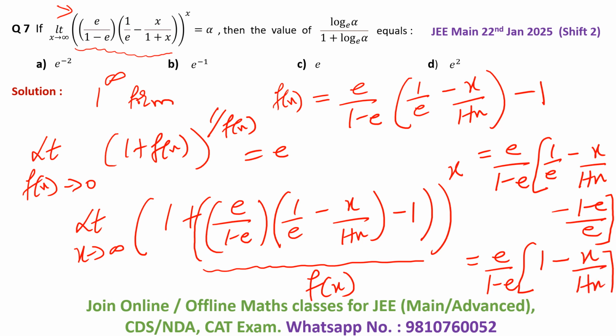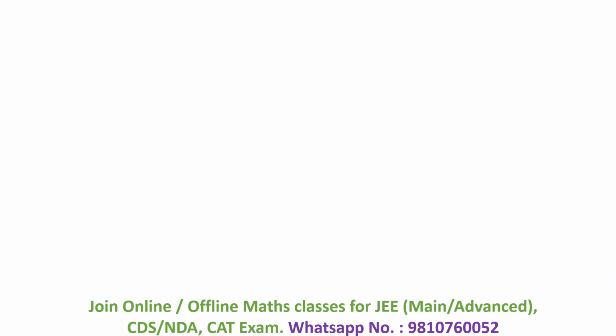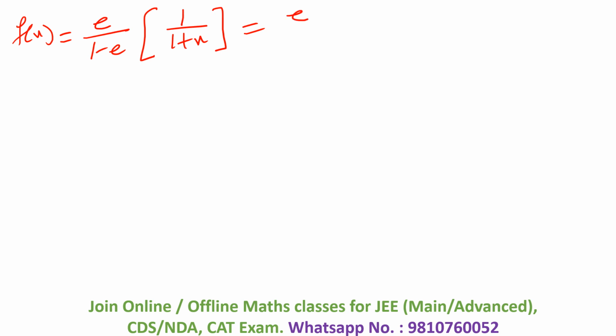Now, further we can write this as, the value of f(x) becomes equal to e upon 1 minus e into, inside the bracket, 1 plus x minus x divided upon 1 plus x. So this is nothing but 1 upon 1 plus x. And this finally becomes e upon 1 minus e into 1 plus x.